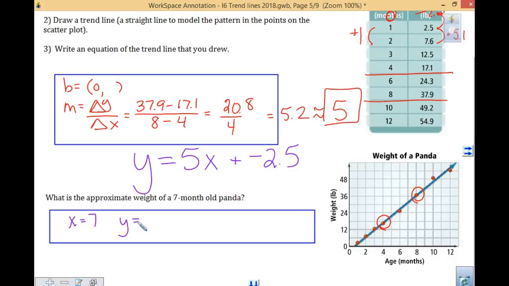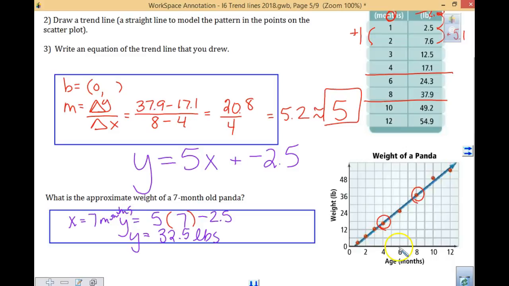So you're going to use this equation, and you're going to put 5, but instead of x, we are going to put in 7, minus 2.5. So 35 minus 2.5 gives us a weight of 32.5 pounds, right? This was 7 months.